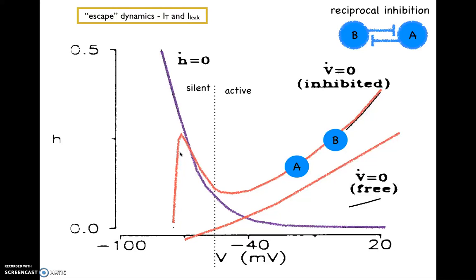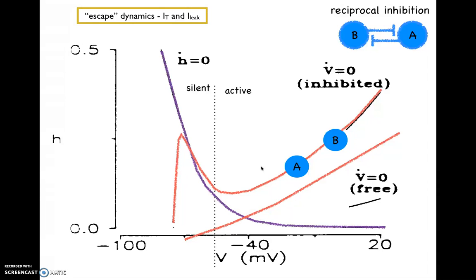So in this example, the nullclines are positioned a bit differently, and this will be an illustration of escape dynamics in the context of two reciprocally coupled inhibitory neurons that express the low threshold calcium current IT.